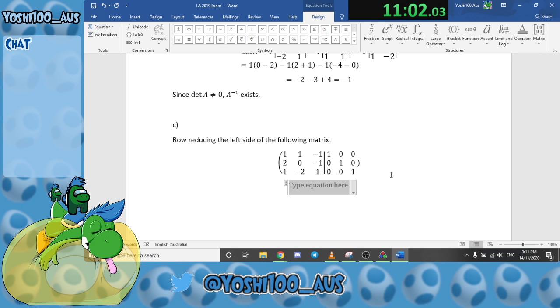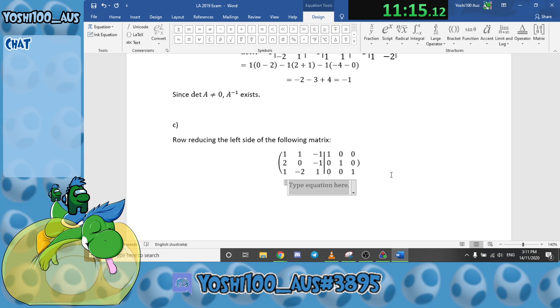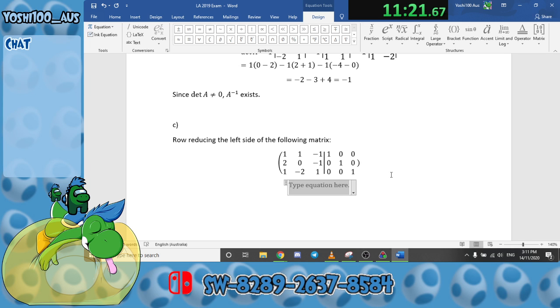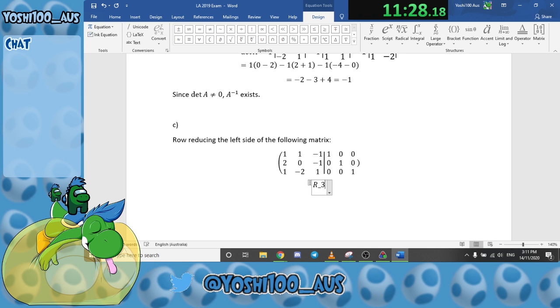What should we do? Okay, I think I'll go R3 take R2. Nope, that's not capitalized.